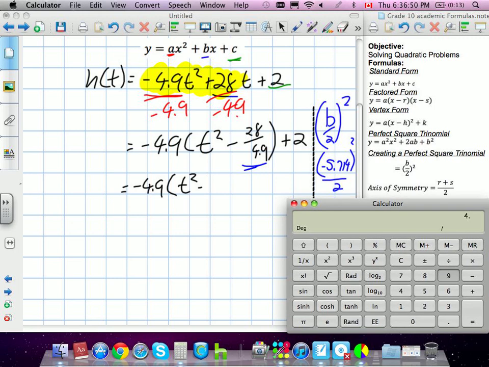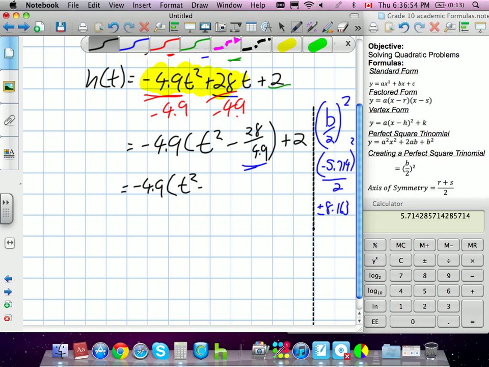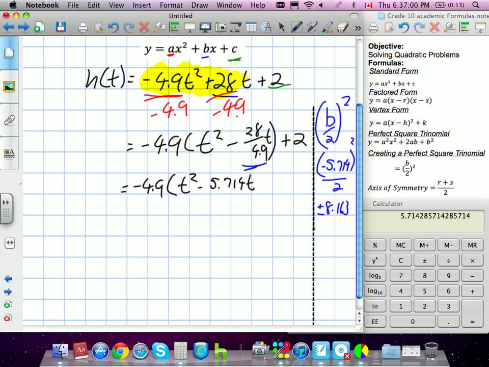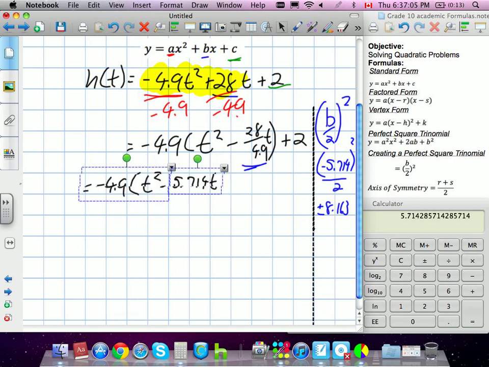And we're going to add and subtract 8.163 because we're completing the square, and we'll go over that again in a second. So I'm going to add 8.163, and I'm going to subtract 8.163 inside these brackets.